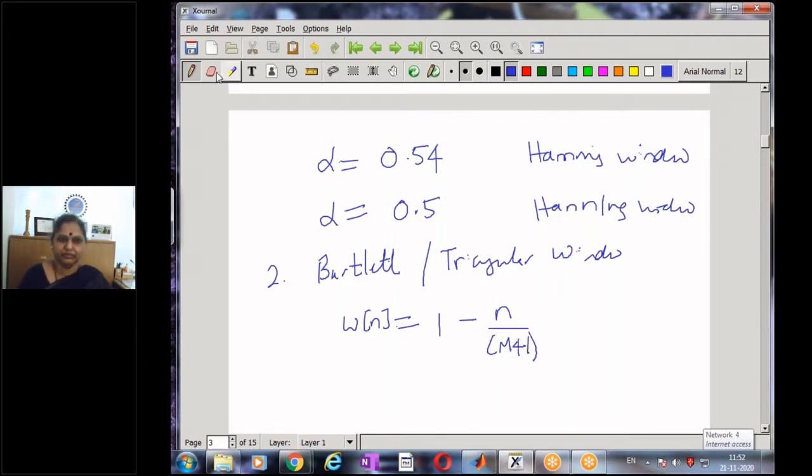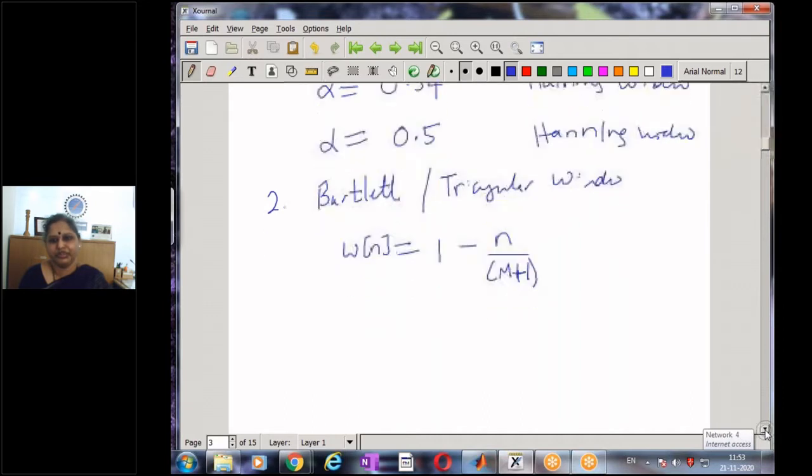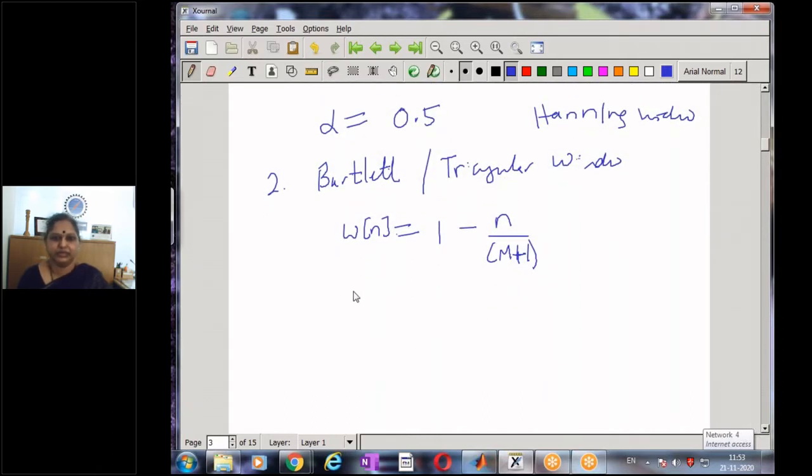Some references have it as just m instead of m plus 1. There is a small change, but both are triangular window functions. If we use m, then at n equal to m it is going to become 0. So it is better to have it as 1 minus |n| by m plus 1.